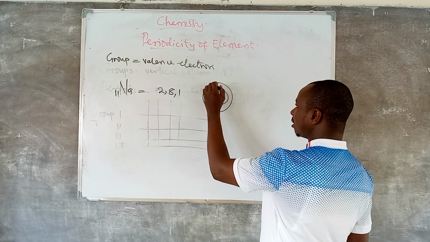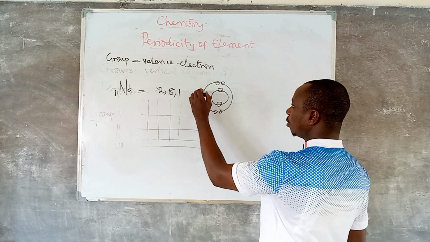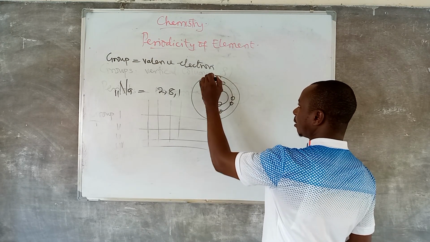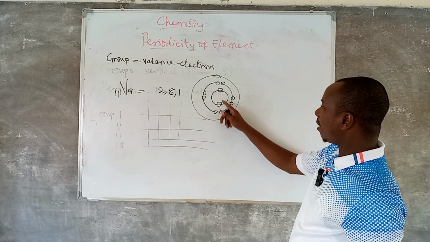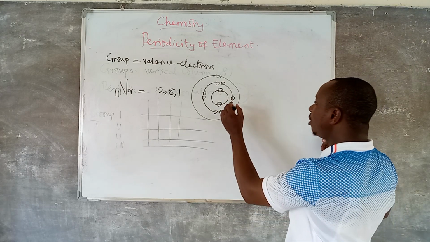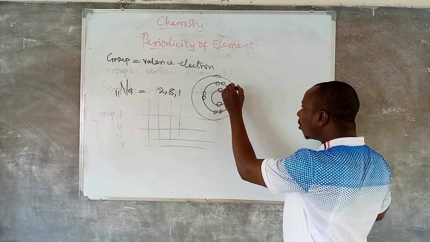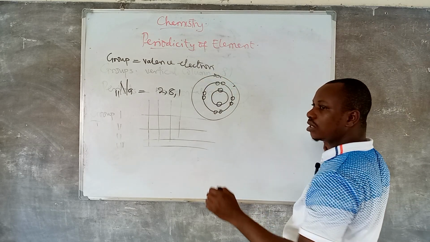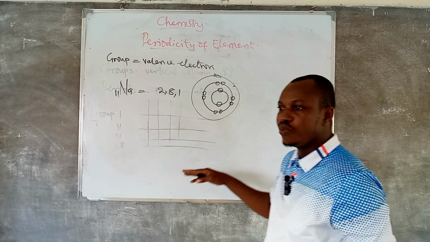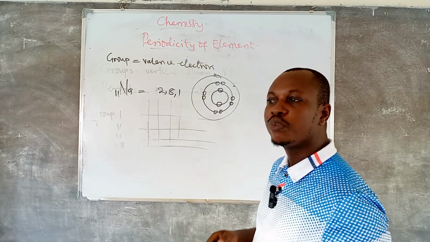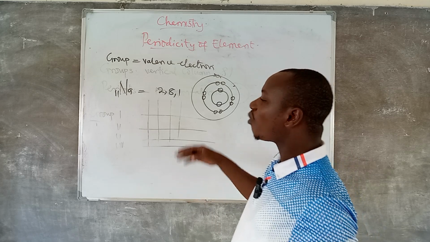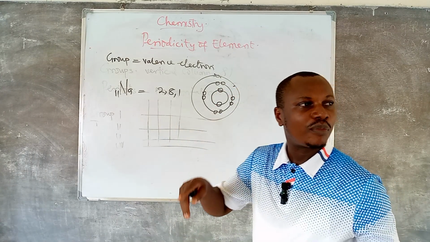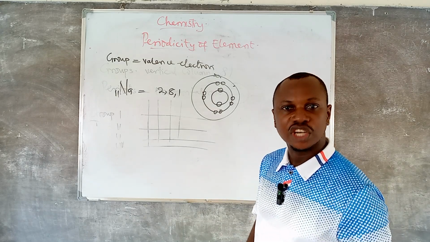All other shells will take 8 electrons. If you count, it's 11 electrons. If you watch the outermost shell, how many do you see there? Only 1 electron. That is to say that sodium is qualified to be placed in group 1 because it has 1 valence electron, a total of 1 electron on the outermost shell of the atom.